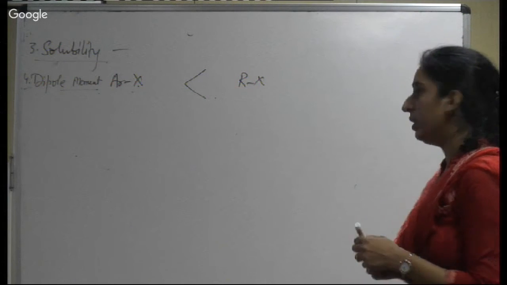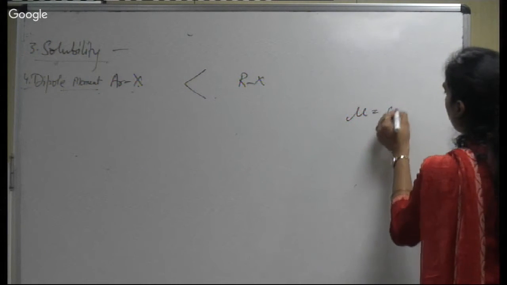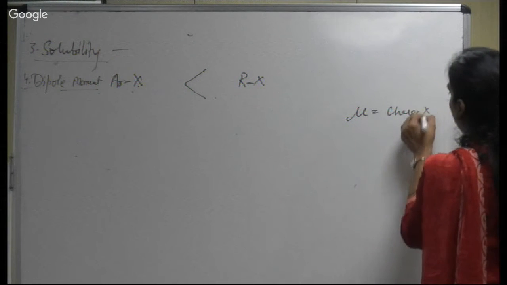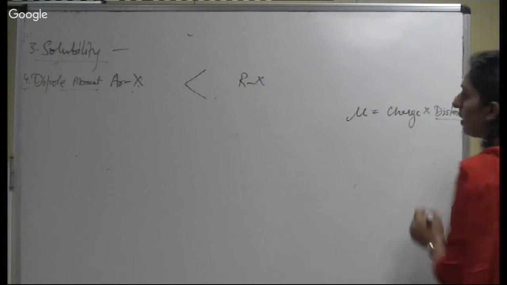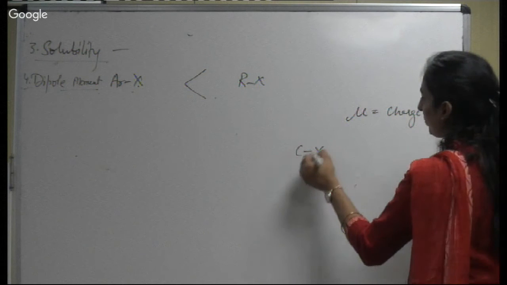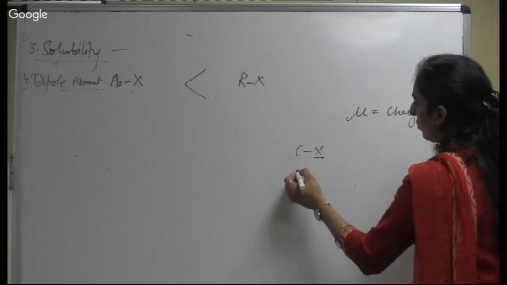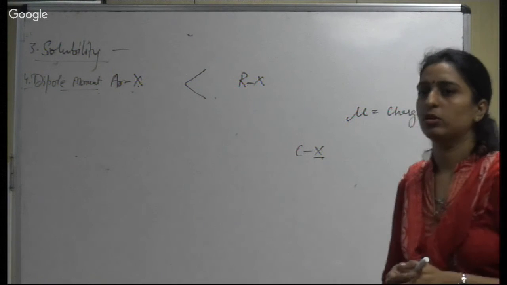How do we define this? Charge into distance. ऐसे ही करते हैं. The C-X bond, depending upon the halogen which you are taking. I'll tell you about different halogens also.